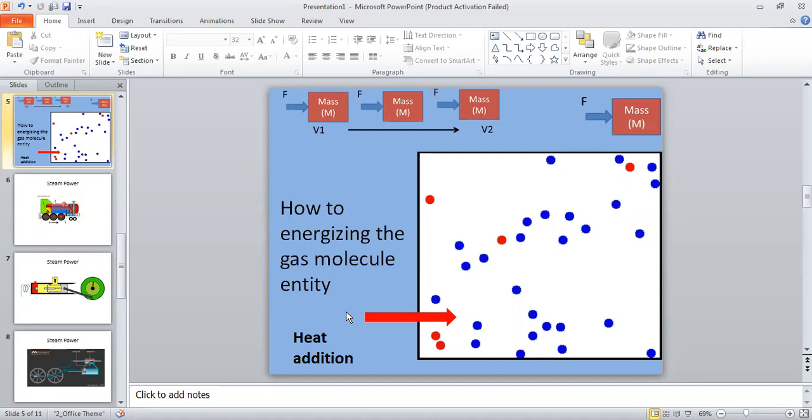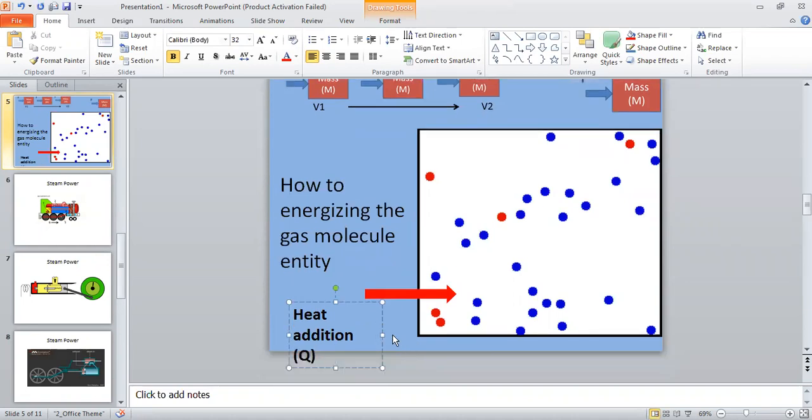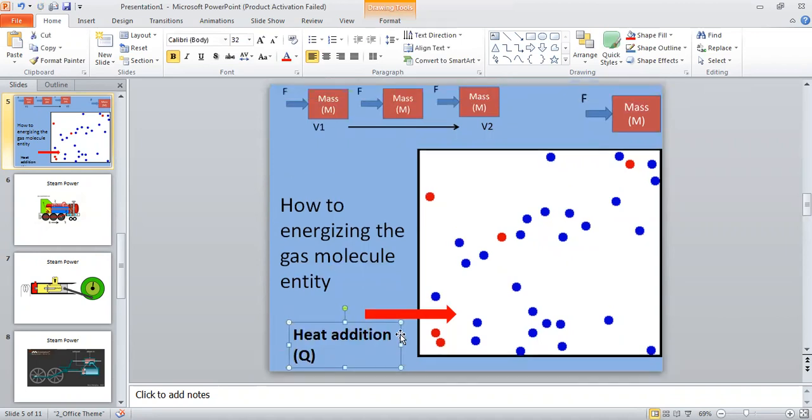Okay. So heat addition is one way. You can energize the gas. So let's say this is Q. So you're adding Q amount of energy as heat.